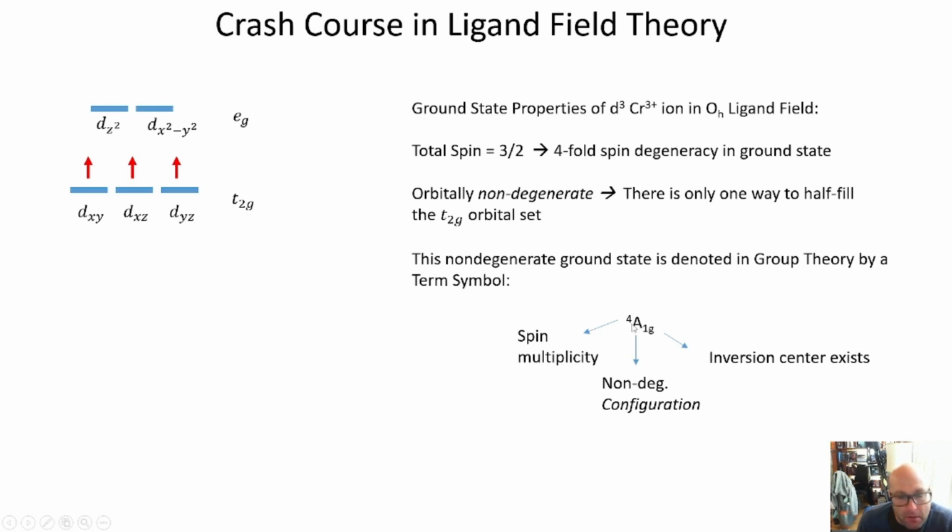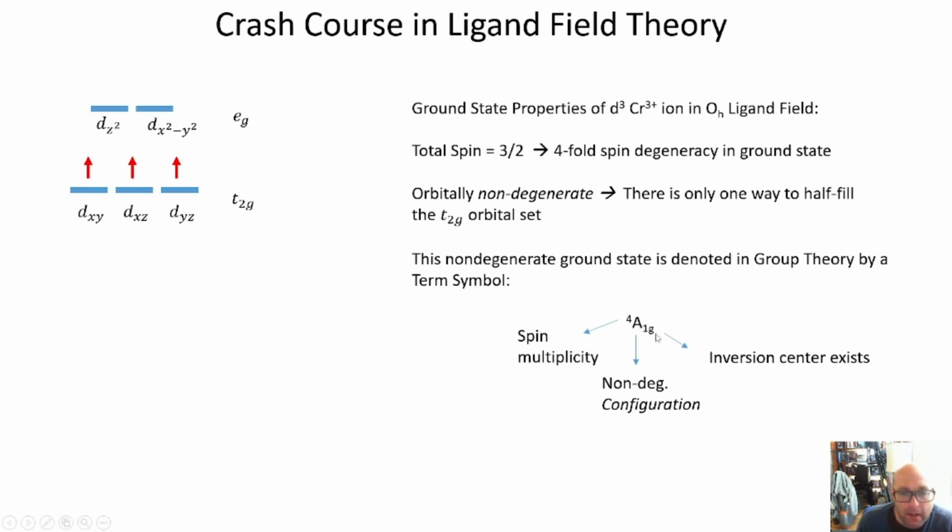You put the spin degeneracy on a left superscript, so that's 2S plus 1. You talk about the orbital or configuration-based degeneracy with a big letter that's associated with the group theory term symbol. And so A is fully symmetric or non-degenerate.